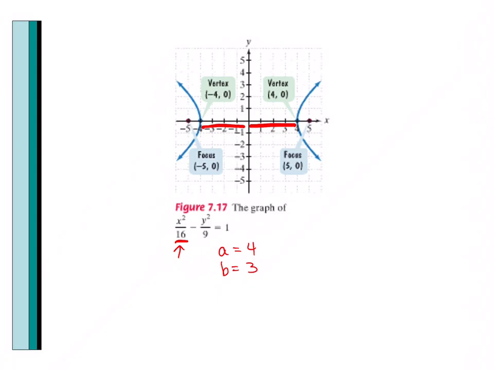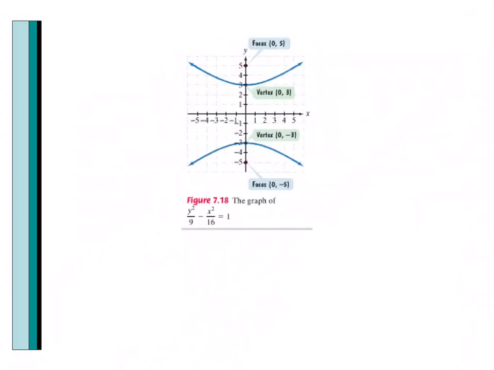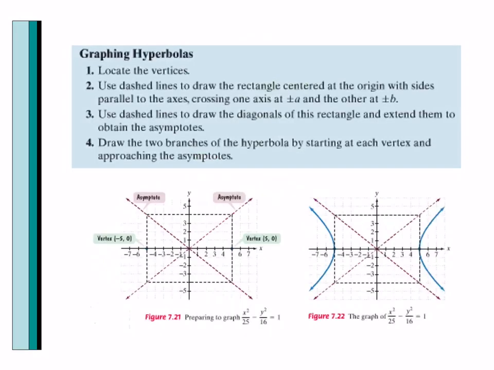And then c squared equals 16 plus 9, so c squared is 25, c is 5. So 5 and minus 5 for c. So easy enough to just read it. And then you can see this similar one, only this one's vertical. You know it's vertical because the y value is first.